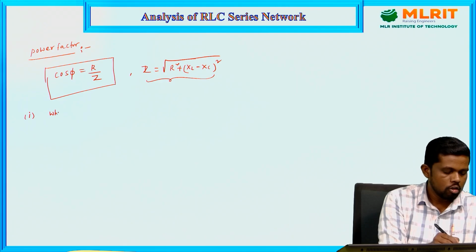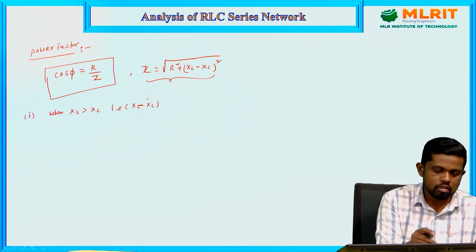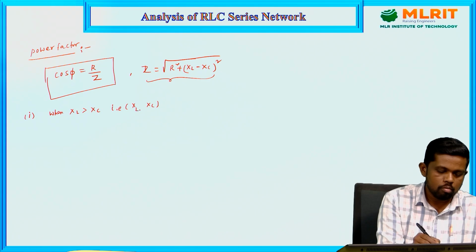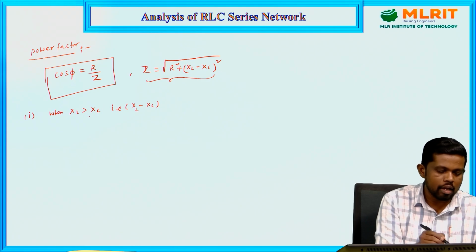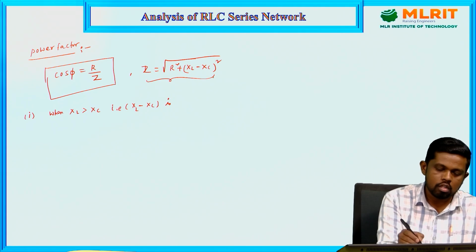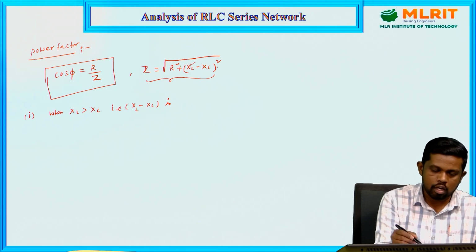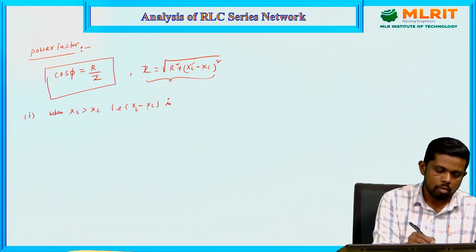When XL is greater than XC, that is the XL minus XC term in the impedance. If XL is greater than XC, we can say XL minus XC is positive, meaning the inductive reactance dominates the capacitive reactance. So the XL minus XC term is positive, and the phase angle of the network also should be positive.